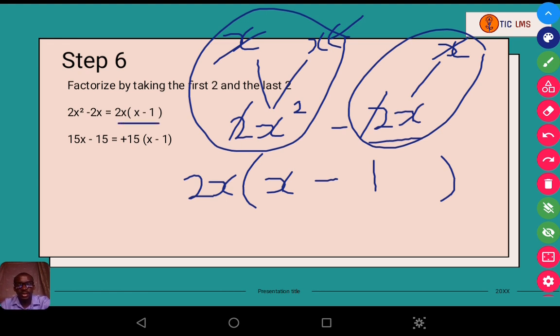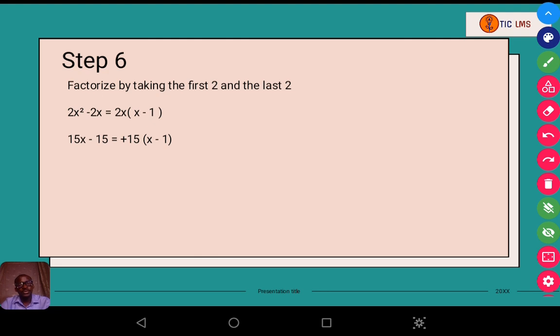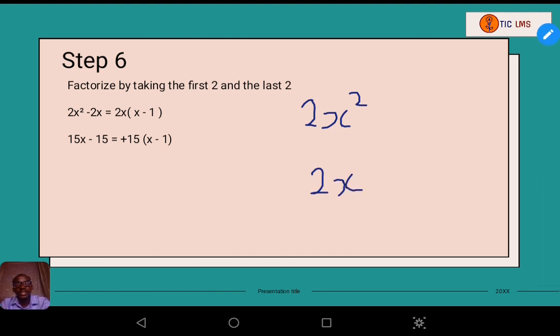So 2x into bracket x minus 1. Now, in case you don't understand this, let's look at another way of doing it. So let's say we have 2x squared, we have 2x, and then we want to find the factors that are common. So if you look at this, this is same thing as saying 2 times x times x. And then this is same thing as saying 2 times x.